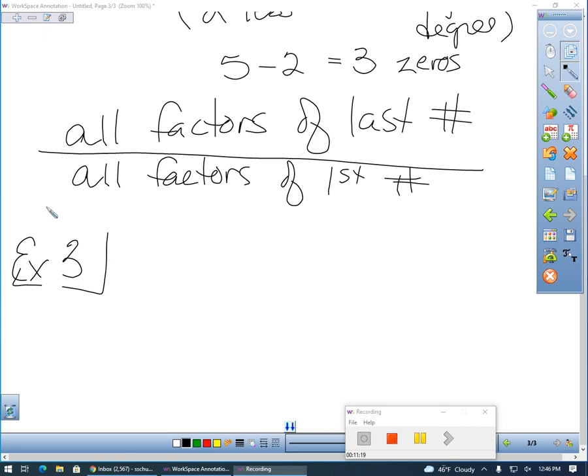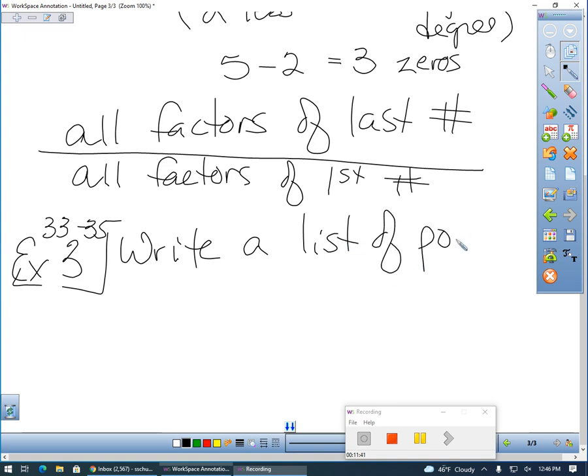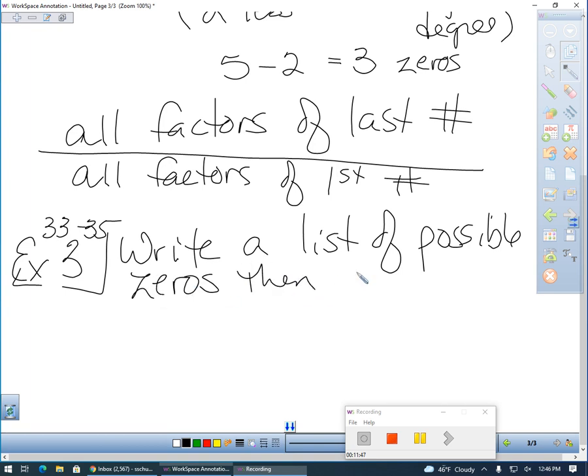All right, so this is going to do the 33 through 35. And your directions are going to ask you to write a list of possible zeros, then find all actual.